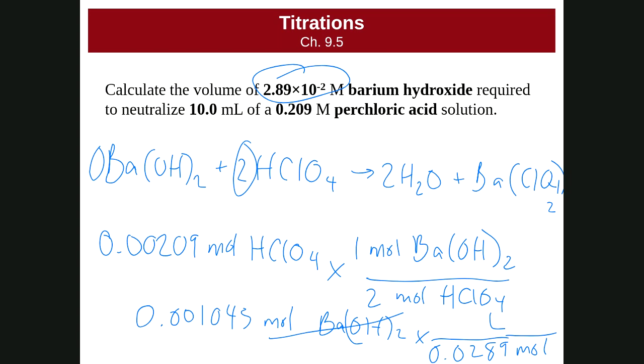So if we cancel out our moles, we end up with 0.0362 liters or 36.2 milliliters of barium hydroxide was required to neutralize our perchloric acid solution. All right.